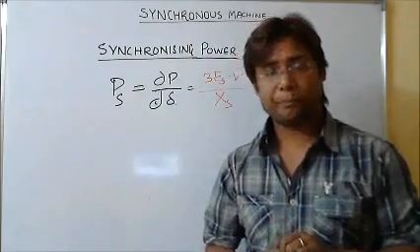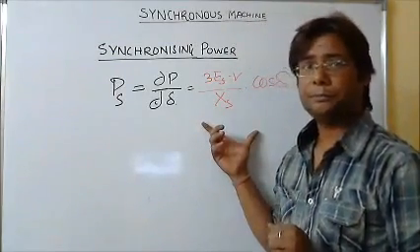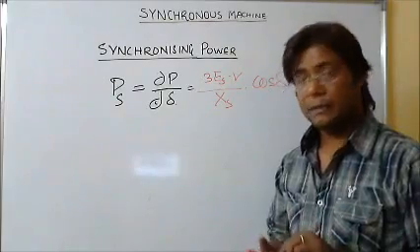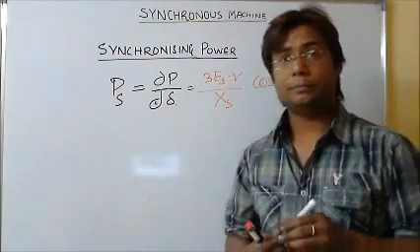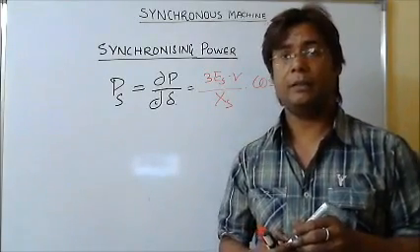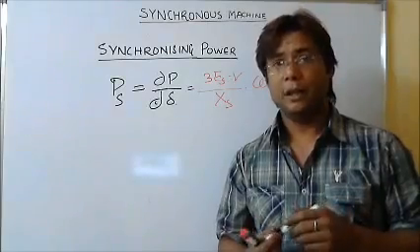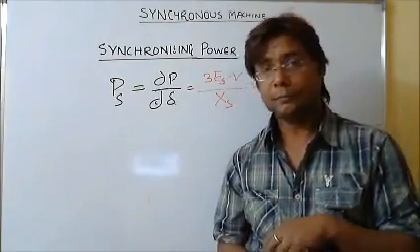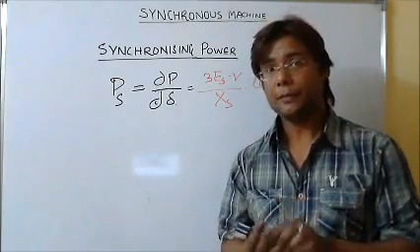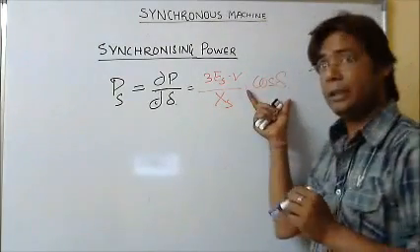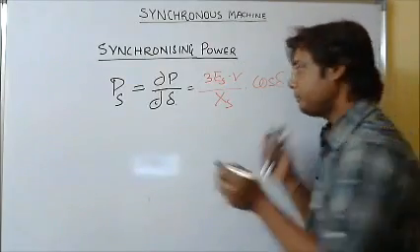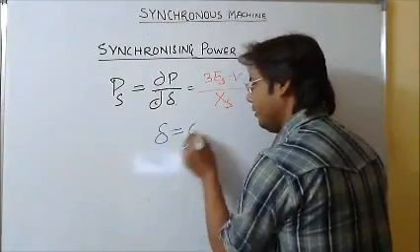By this formula, we can conclude that when there is no load, then delta would be 0 and the synchronizing power will be maximum.